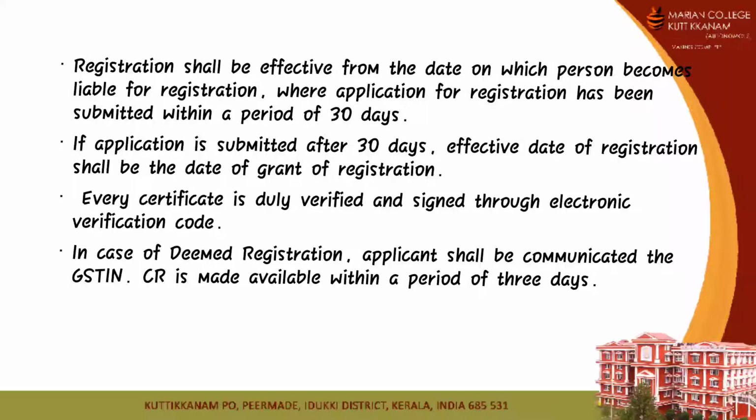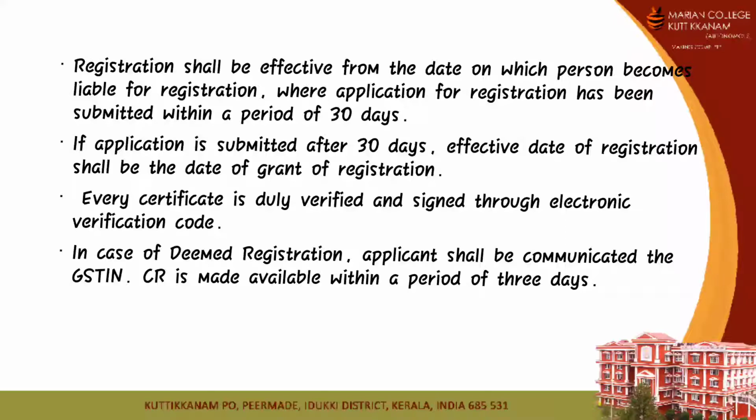So within 30 days there is one provision, and after 30 days we have another rule. Each registration certificate is duly verified and signed, and also verified through the electronic verification code by the proper officer under the Act.